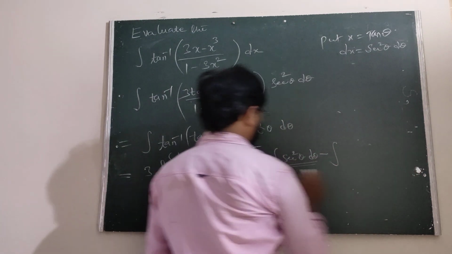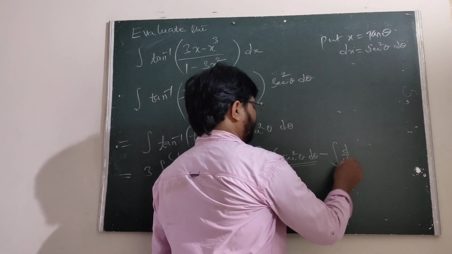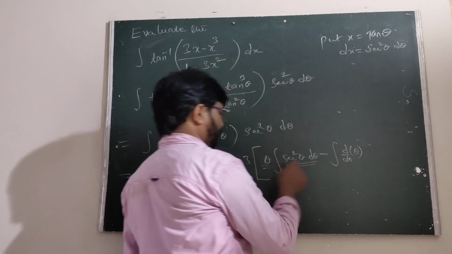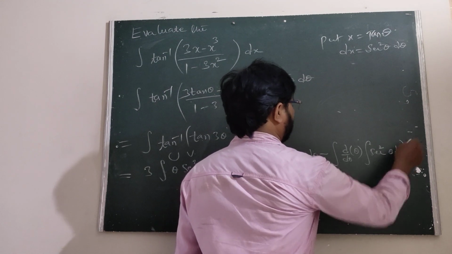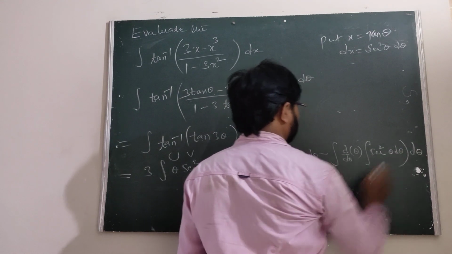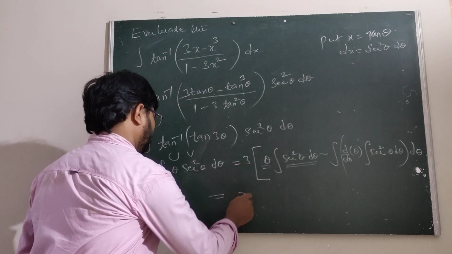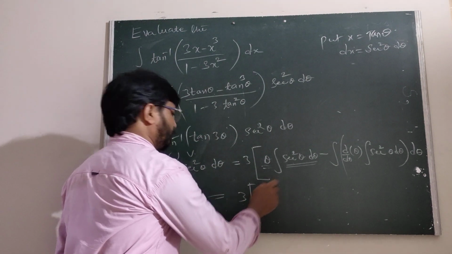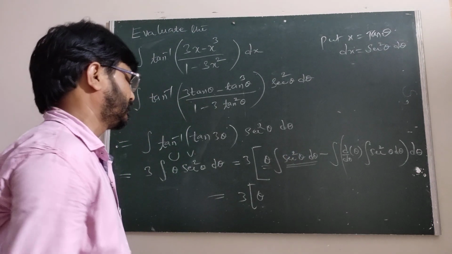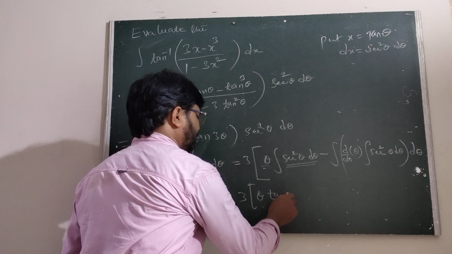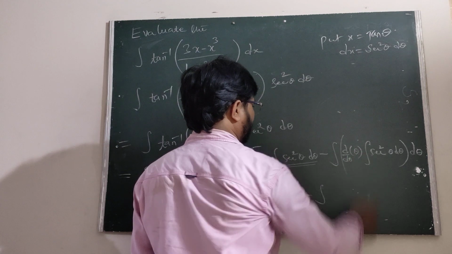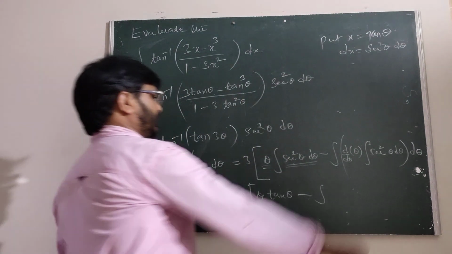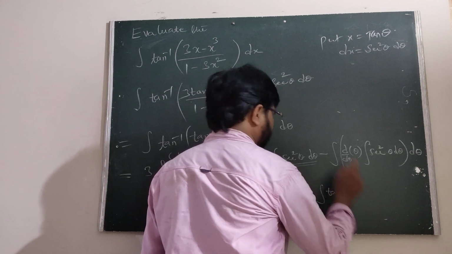Suppose you don't know the form, first you can write theta into secant square theta d theta as: the first, times the integral of secant square theta d theta, minus the integral of the derivative of the first times the integral of secant square theta d theta, whole d theta. This is the form. Now we can write 3 into theta into the integral of secant square theta, which is tan theta, minus the integral of the derivative of theta, 1, times the integral of secant square theta, tan theta, d theta.